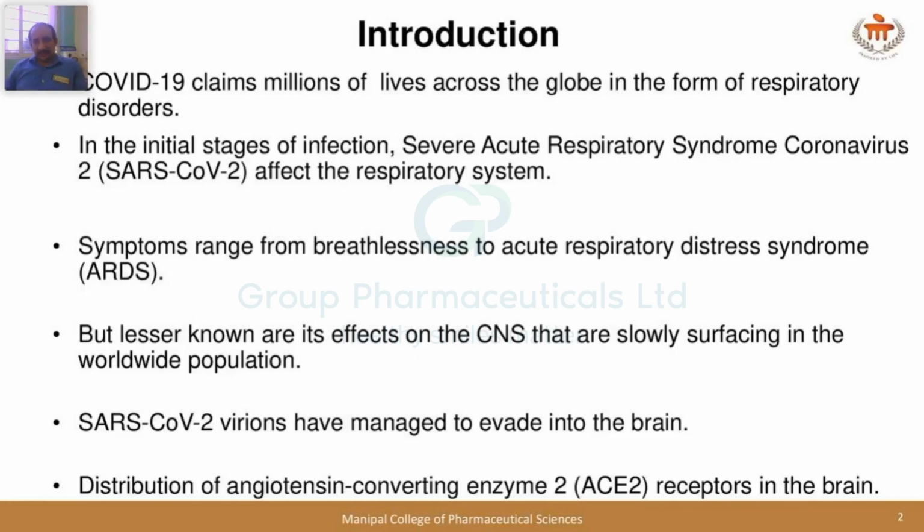The respiratory system affected by SARS-CoV-2 results in several symptoms that range from breathlessness and pneumonia to acute respiratory distress syndrome, which is characterized by pulmonary edema, hypoxemia, and reduction in the size of the aerated lungs.